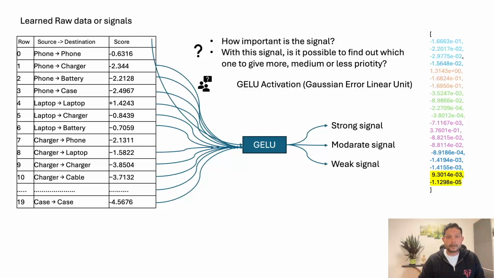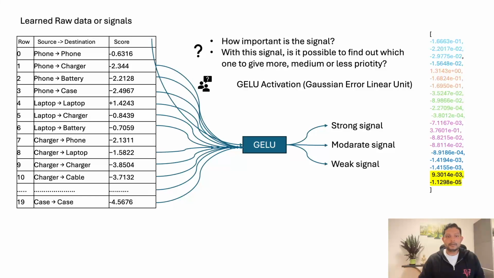One important thing to remember here is that we have got these different signals. Now we need to filter them. Why do we need to filter? Because we need to understand which signals are important. Some signals can be more important, some less, some weak.